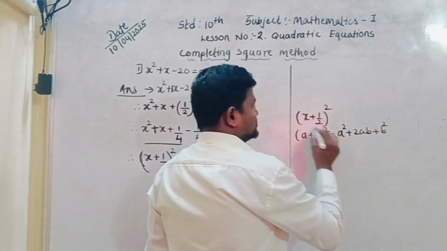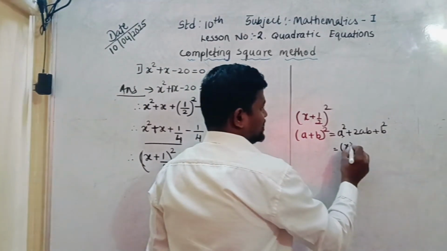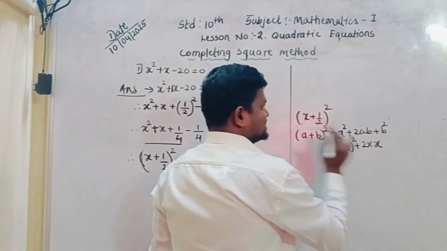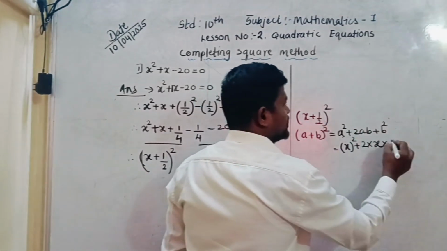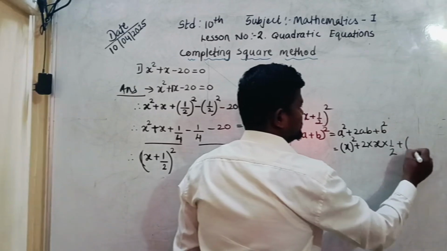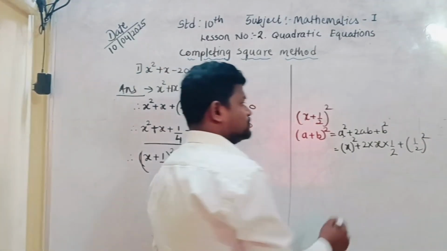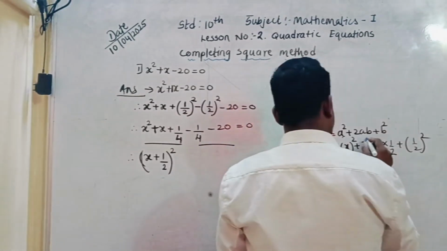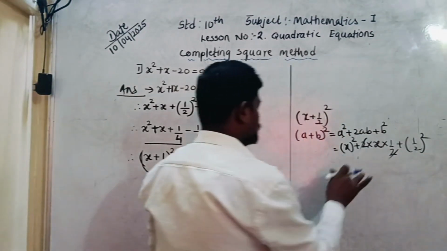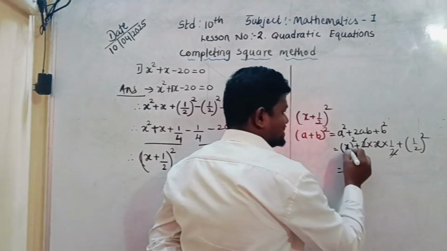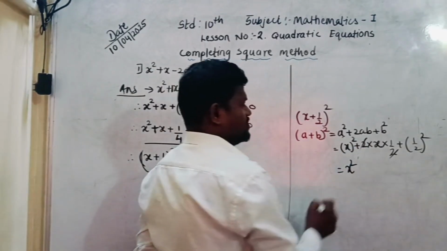We put a as x, so x square plus 2 multiplied by the a value, that is x, and the b value, that is 1 upon 2, plus b square. See, the 2 cancels, then x bracket square is x square.